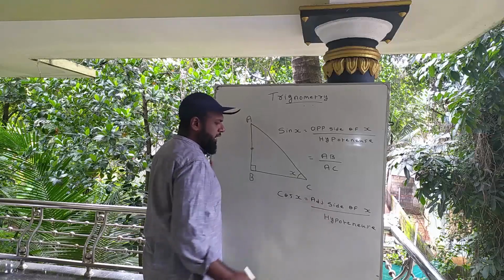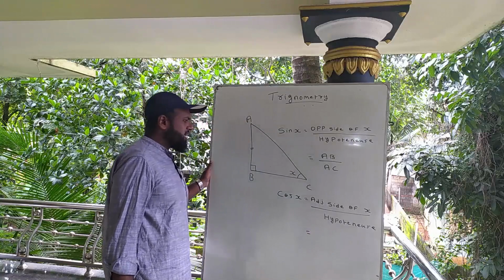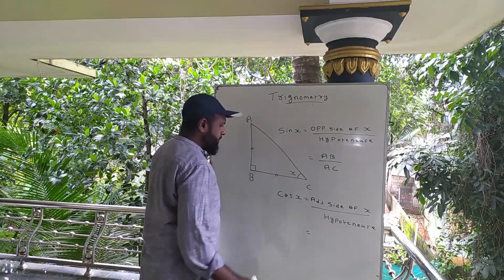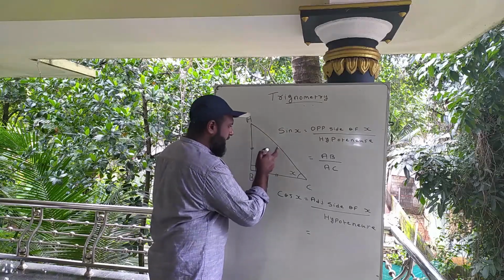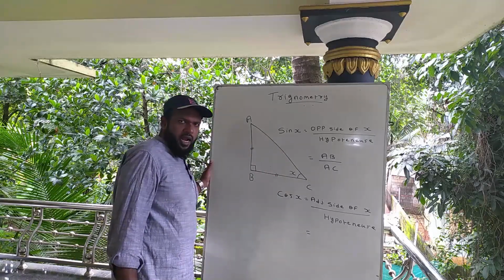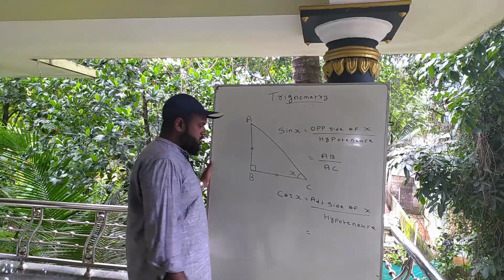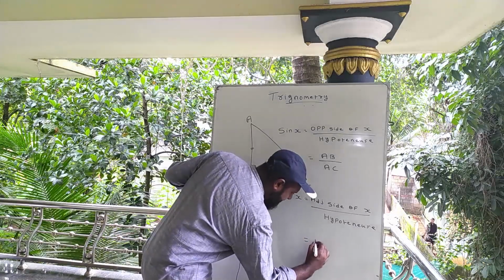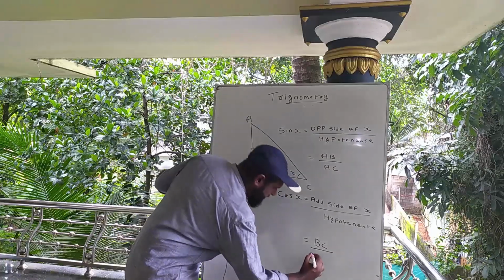What is the adjacent side of X? That is BC. There are two sides adjacent to X, that is BC and AC. We can't take AC because AC is the hypotenuse. So here we can take adjacent side as BC divided by hypotenuse AC.